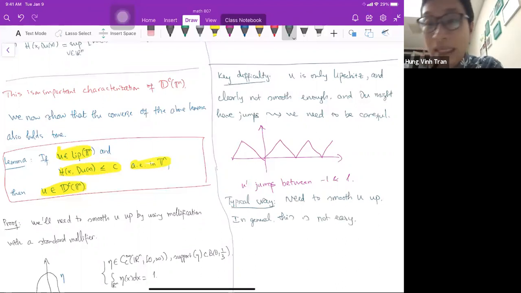In our setting, what helps us is that we exploit the convexity of H in p crucially.